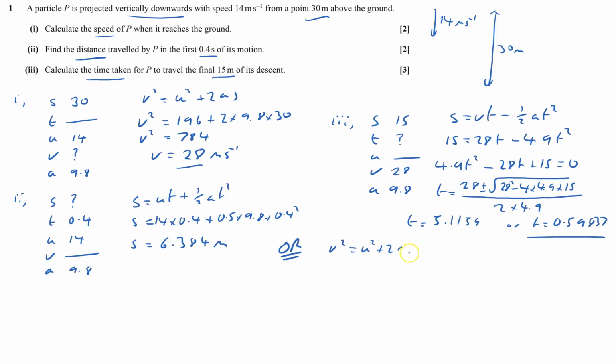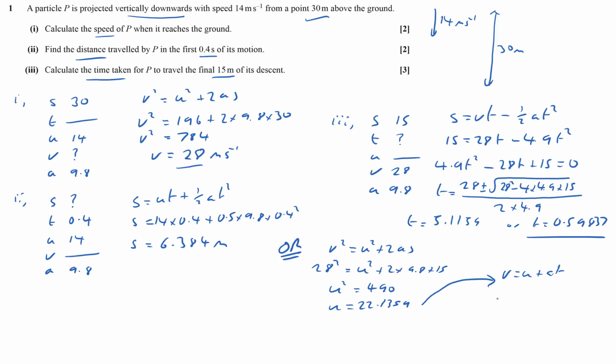plus 2AS to get 28 squared equals U squared plus 2 times 9.8 times 15. U squared equals 490. U equals 22.1359. And then now I'd know what U is, and now I could use V equals U plus AT, and that will eventually give me exactly the same.